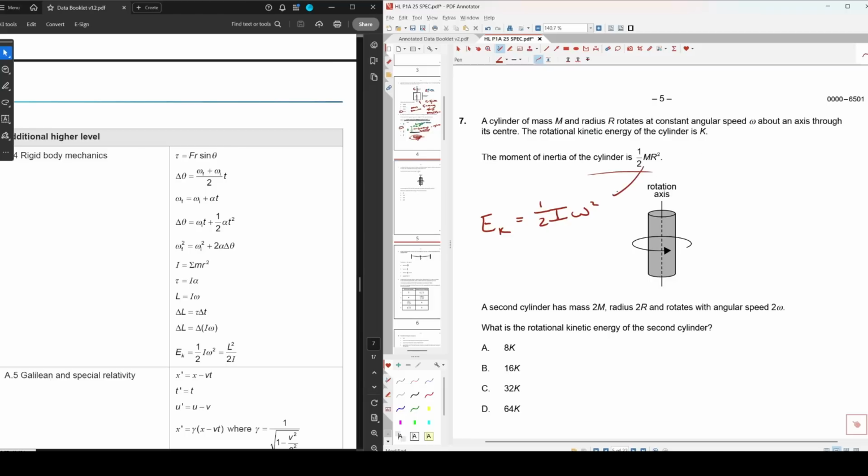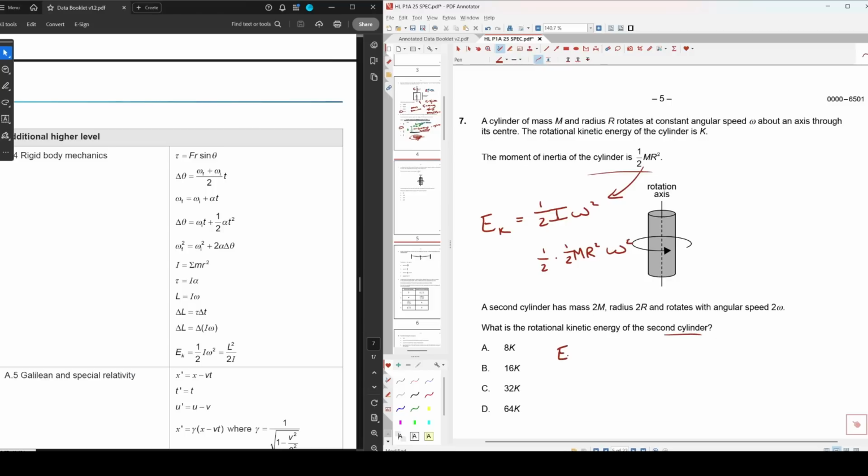Okay, let me put this in here so I don't have to get confused with fractions too many times. I'm going to do 1/2 mr squared for the moment of inertia. This is going to become like a 1/4, which doesn't matter because I'm going to ratio it. And then omega squared. Okay, second cylinder.